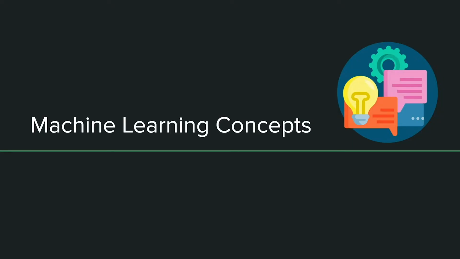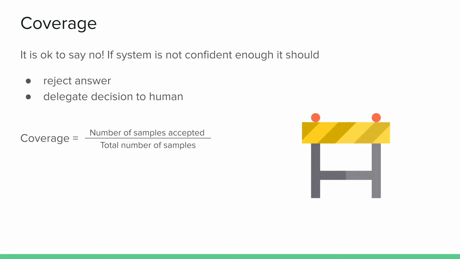Okay, now to some new ground that we want to cover this week. First, let's talk about a few machine learning concepts that will affect your practical work quite significantly. The first thing is called coverage. Coverage means that it is okay to say no, and we all should be aware that sometimes the neural network will be uncertain of the decision.